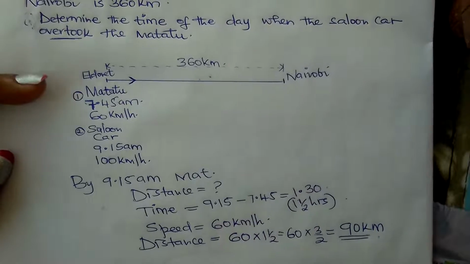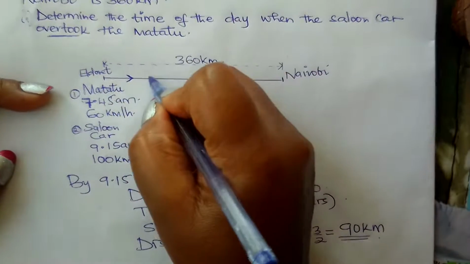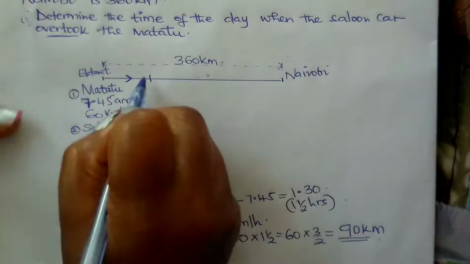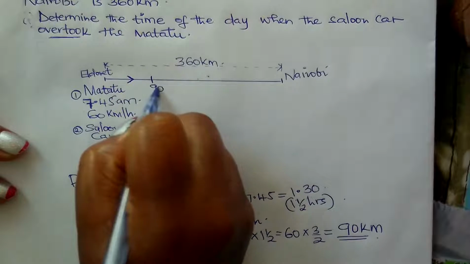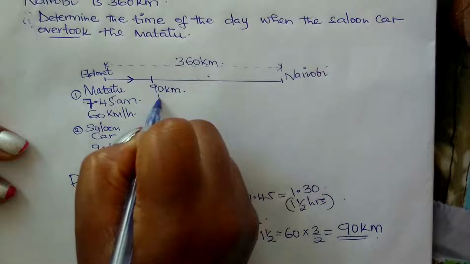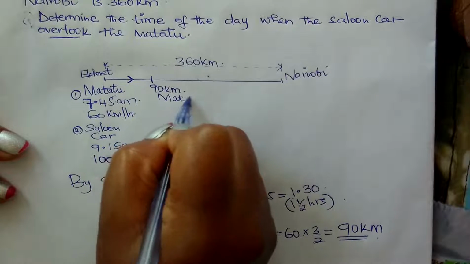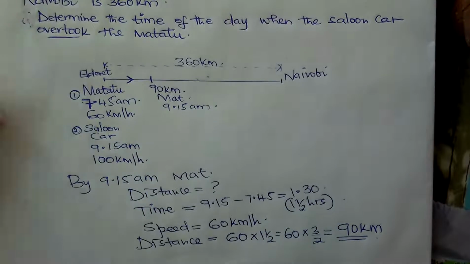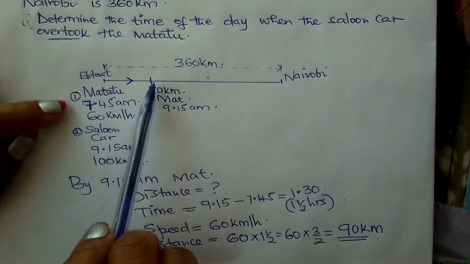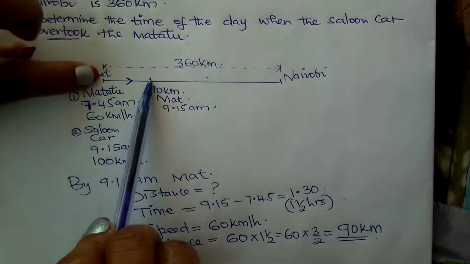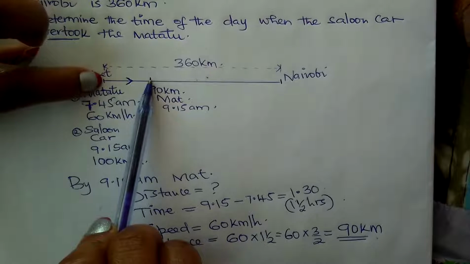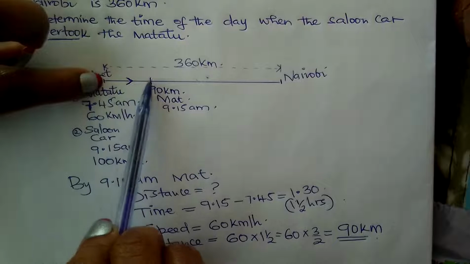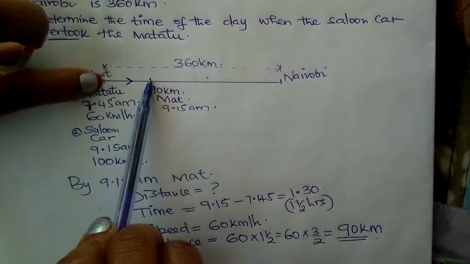90 kilometers. So learners, come and indicate that here. Let's say this is the 90 kilometers. So your matatu will now be here by 9:15 a.m. Indicate all that. Look at this, learners. The matatu will be ahead of the saloon car by 90 kilometers. So the distance between them is 90 kilometers.